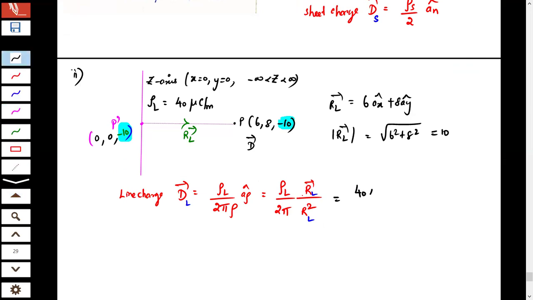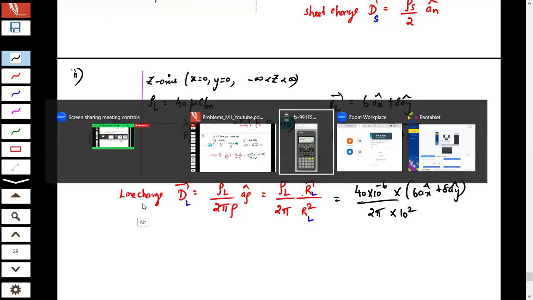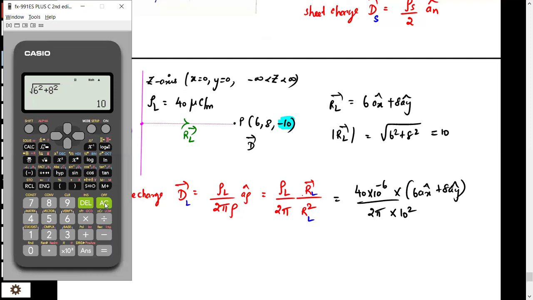Rho L is 40 micro divided by 2 pi, and R squared, which is 10 squared, and in the numerator it is 6 ax plus 8 ay. We can make use of a calculator and compute the value. So 40 micro divided by 2 pi into 10 squared. This has to be multiplied with 6 for the x component.